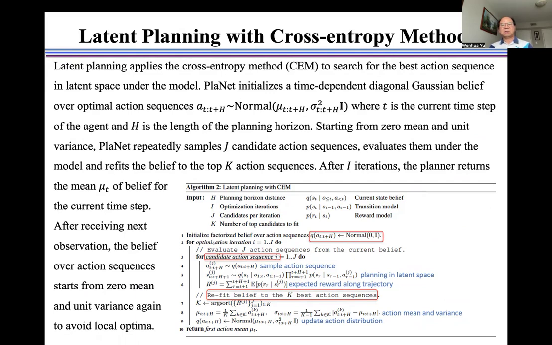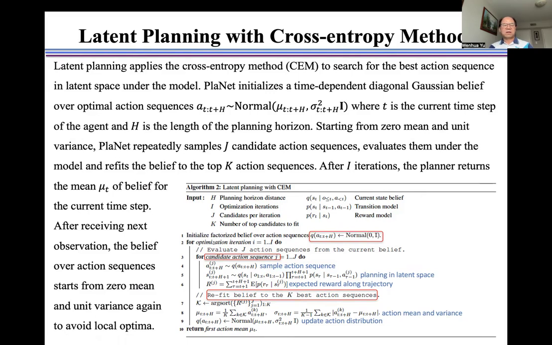Planning network initializes a time-dependent diagonal Gaussian belief over the optimal action sequences a from t to t plus H, where t is the current time step of the agent and H is the length of the planning horizon.